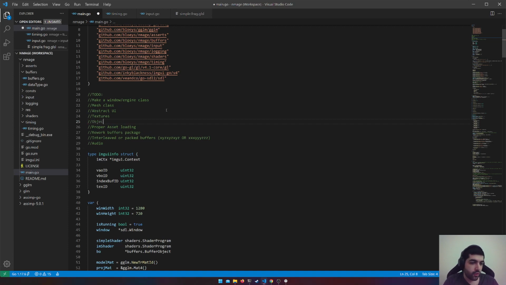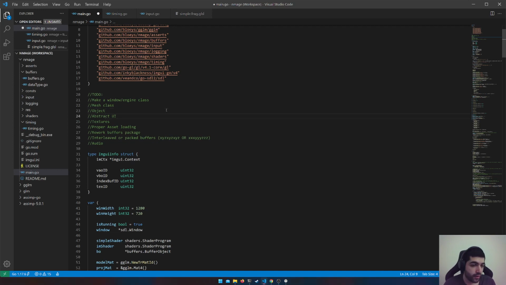I haven't decided on an object system. We might want an entity component system, but I want to keep things simple now and just have something functional. I want to make a game with this as soon as possible. So probably we need to abstract the window class, get a mesh class, and then objects.